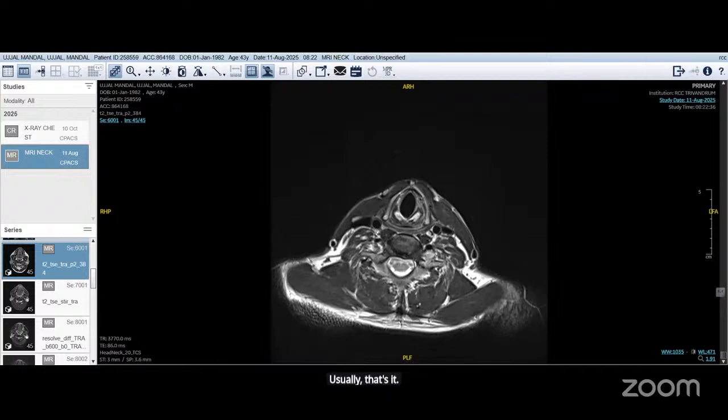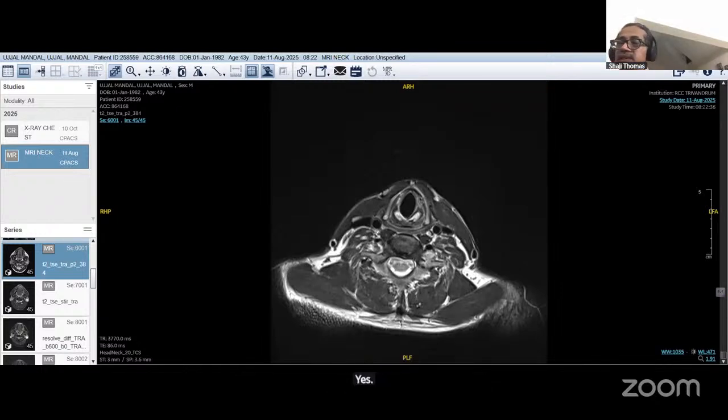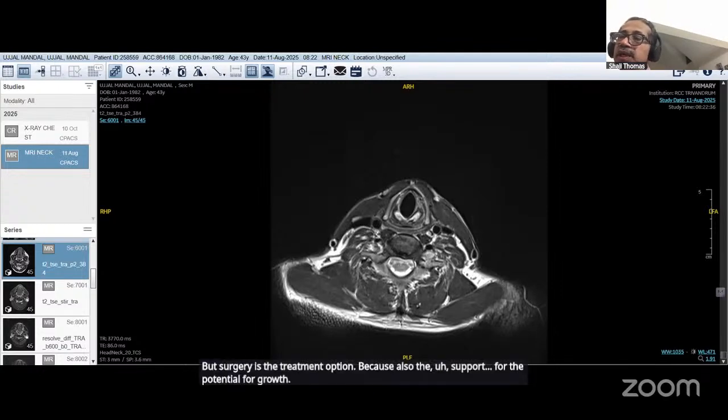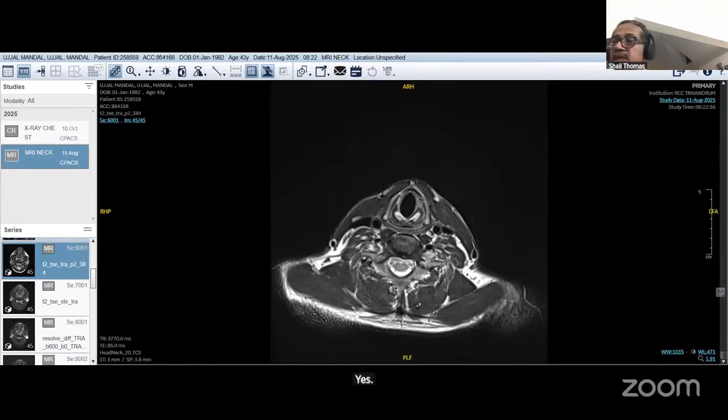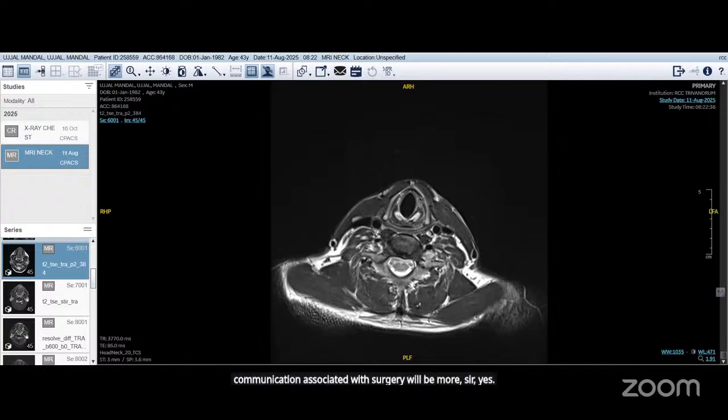Okay, it's usually not that common, but surgery is the treatment option because with time it is going to increase. Once the size increases, the complications of surgery will also be more. Even if it is pleomorphic adenoma, you have to tell the patient to get operated today or tomorrow.